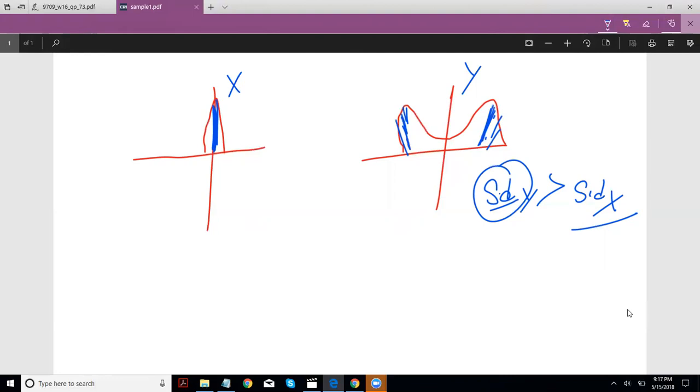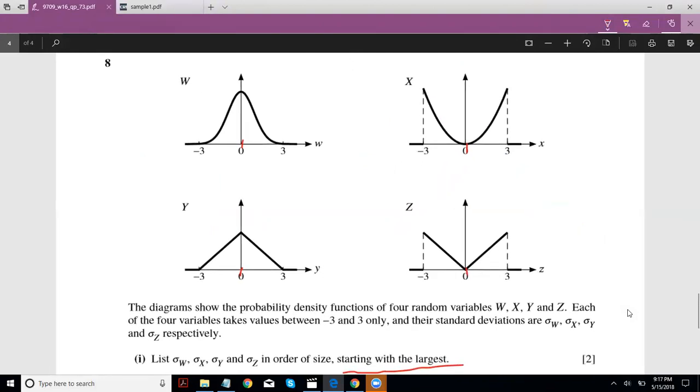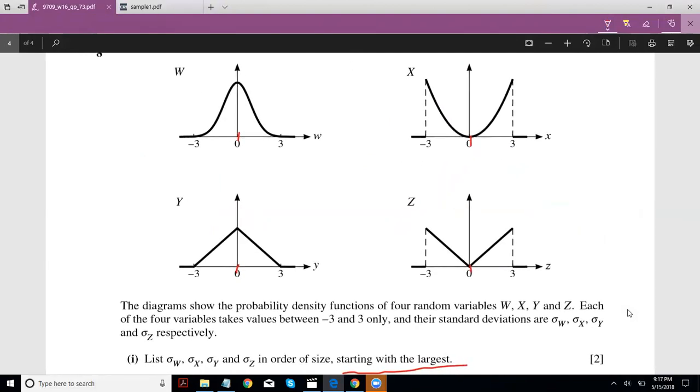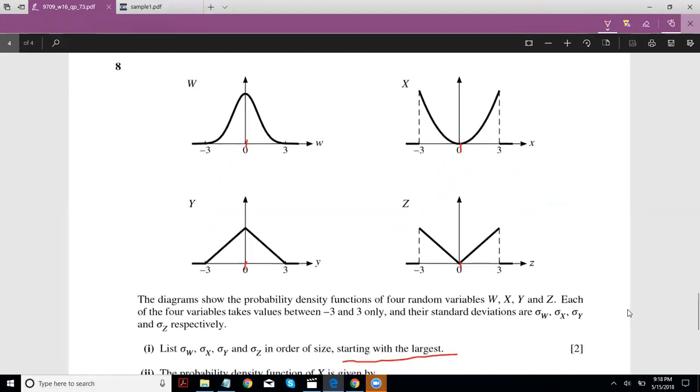It's towards the edges. So what we want to see here is which of these functions has the most amount of probability packed towards the edges and far away from the mean. To figure out the one with the largest standard deviation, you can eliminate these two, because obviously a lot of their probability lies really close to the mean.